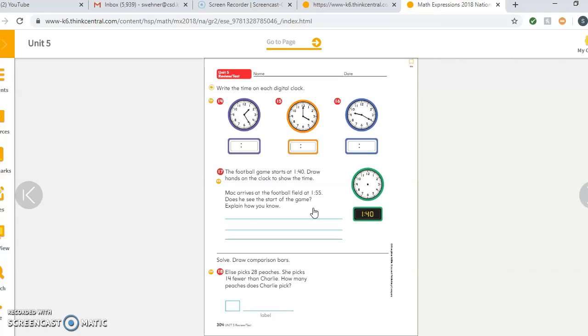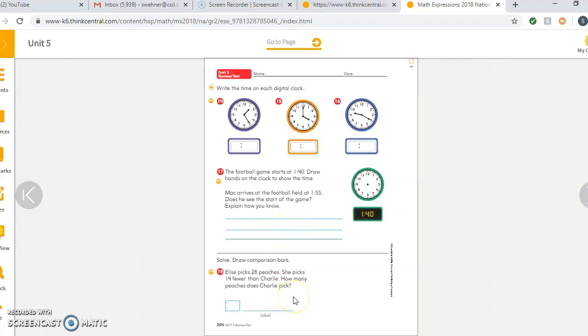Does he see the start of the game? Explain how you know. So if this is 1:40 and he arrives at the football field at 1:55, remember the game is starting at 1:40. He gets there at 1:55. Does he see the start of the game? Yes or no, and how? Explain your answer.